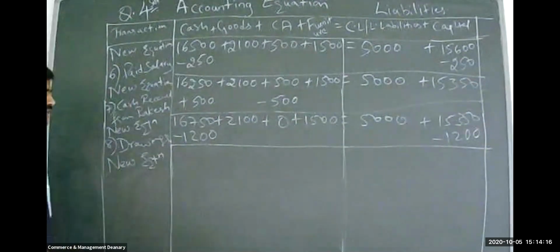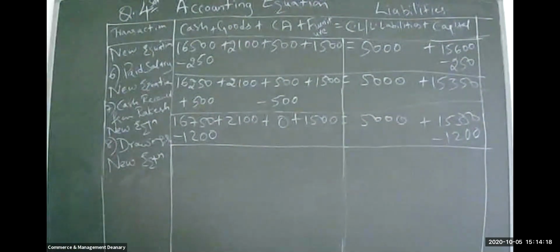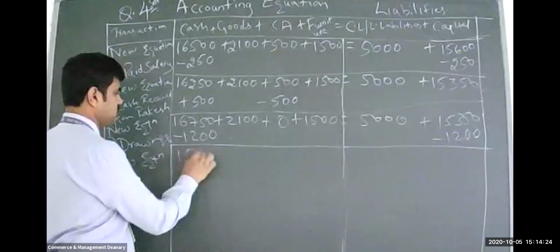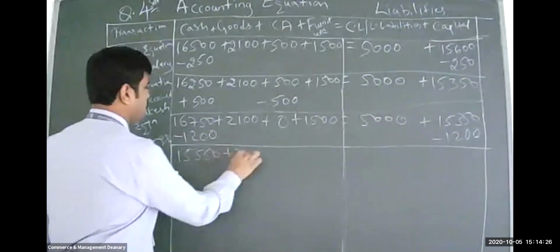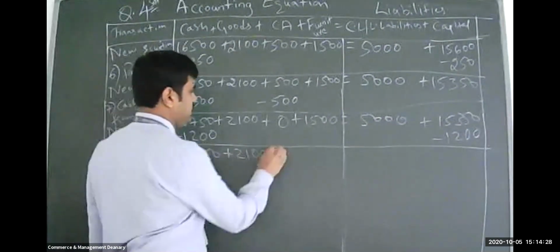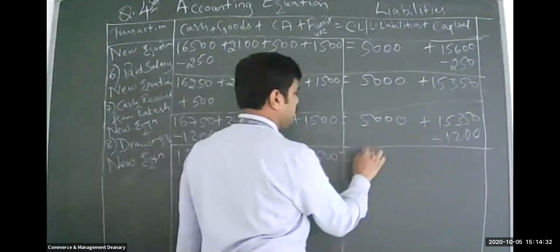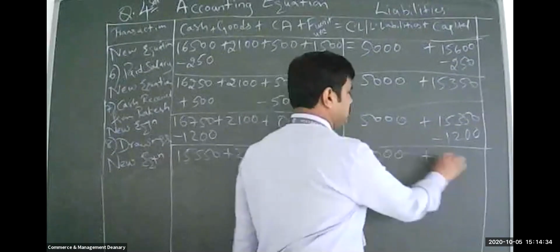How much is cash now? 15,550. Next, 2,100, 0, 1,500, 5,000. How much is capital? 14,150.